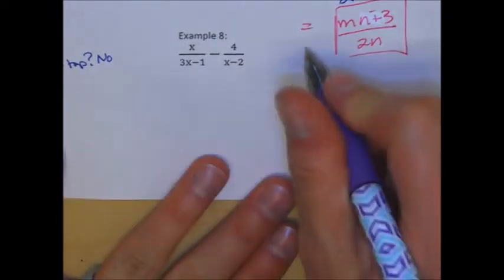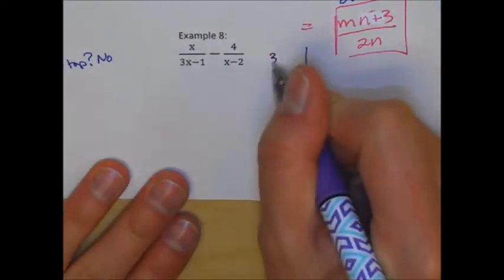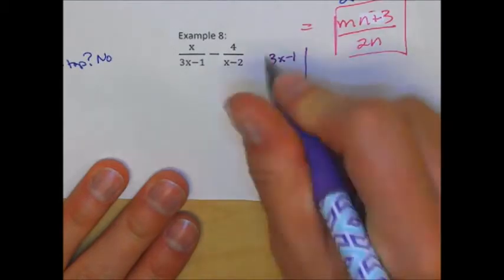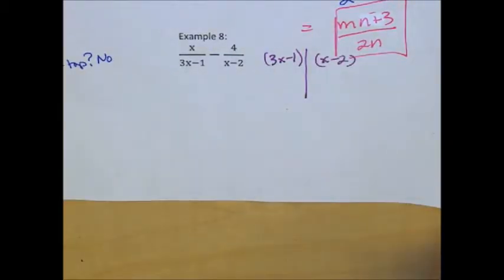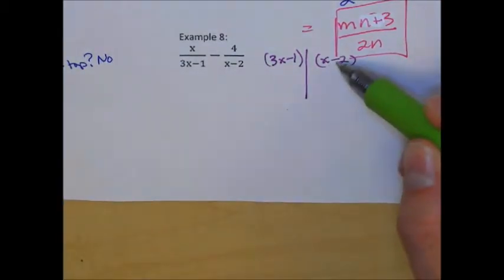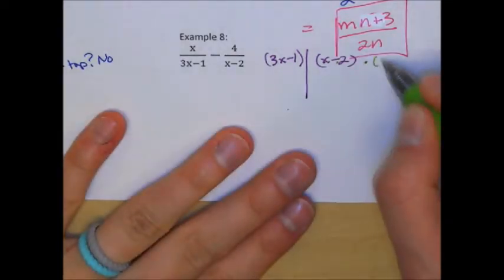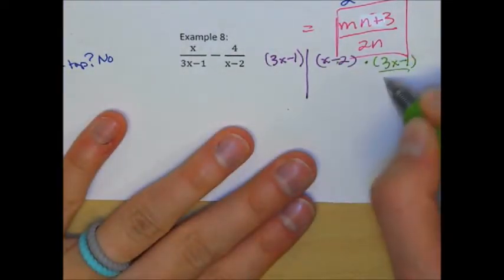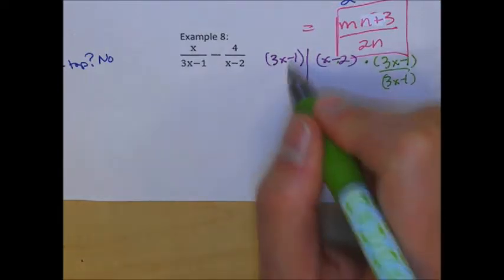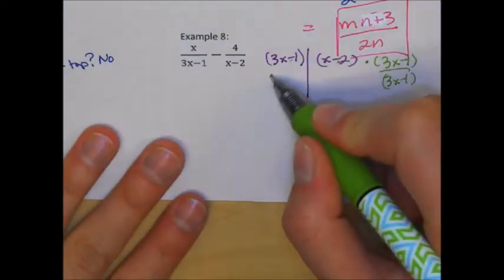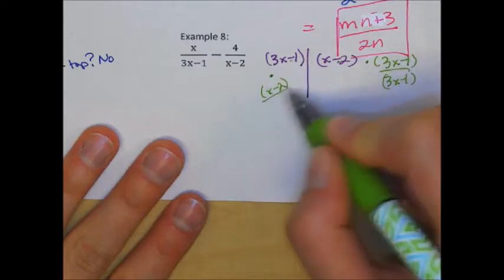Let's see, our denominators are 3x minus 1 and x minus 2. So they're both completely different. So this one, I'm going to have to multiply by 3x minus 1, and this one I'm going to have to multiply by x minus 2.